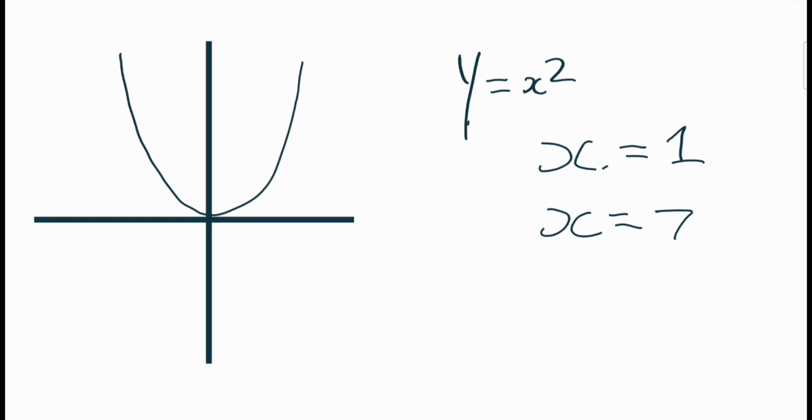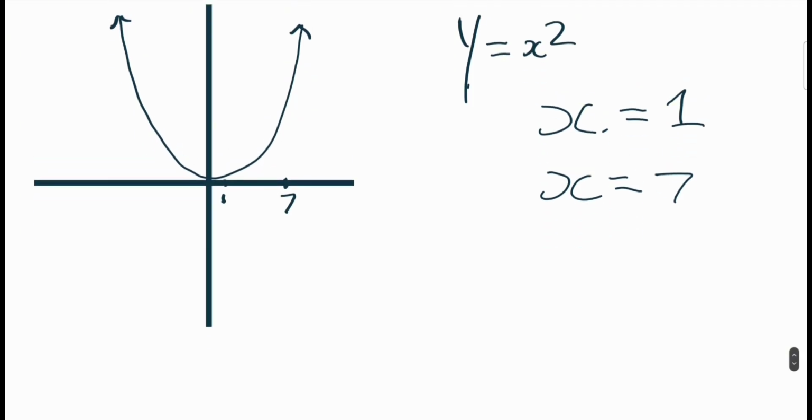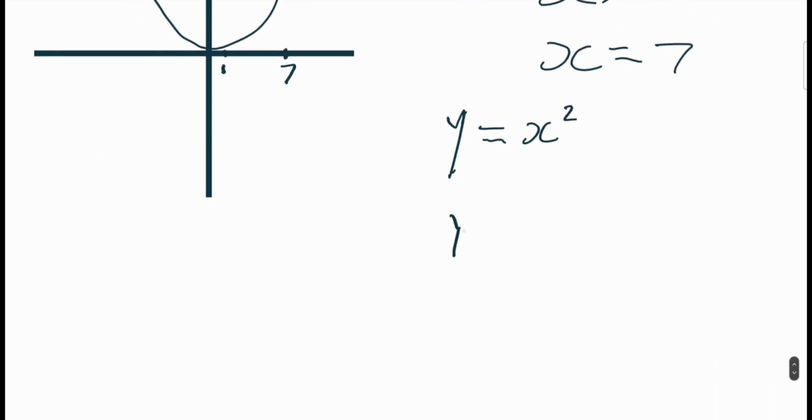Okay, great. Now, we want to find the y values. So we'll call this 1 and we'll call this 7. Okay, great. Now let's plug 1 in here. y equals x squared. So that means that y equals 1 squared.